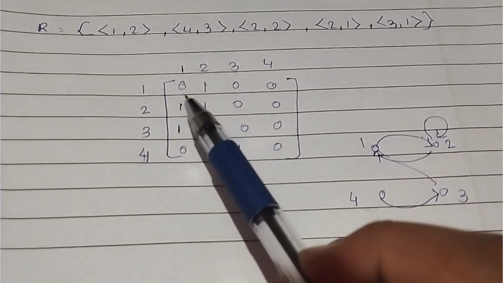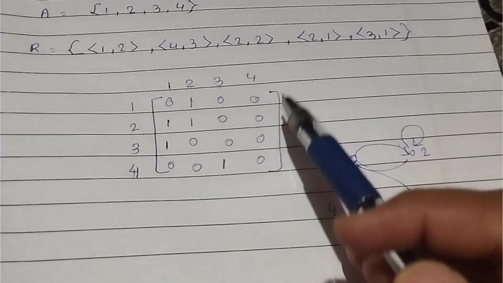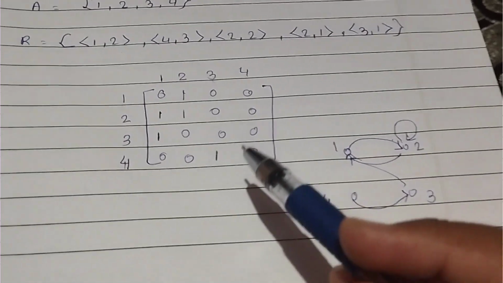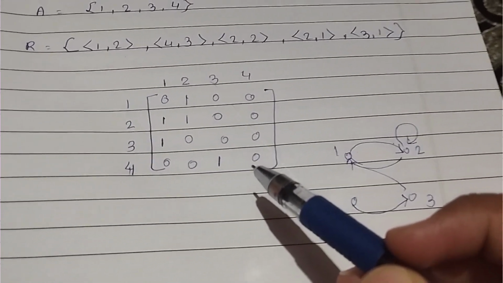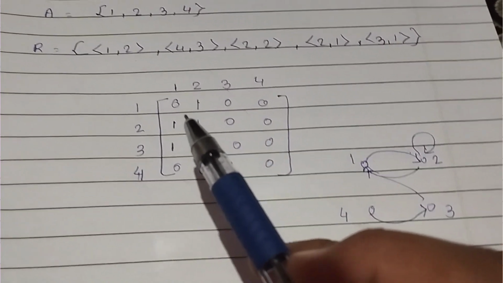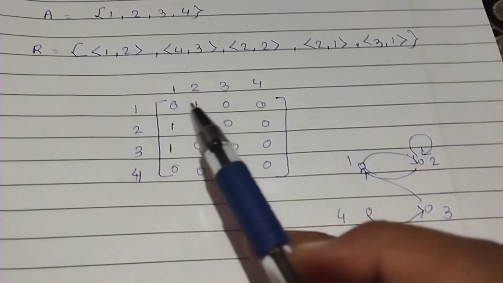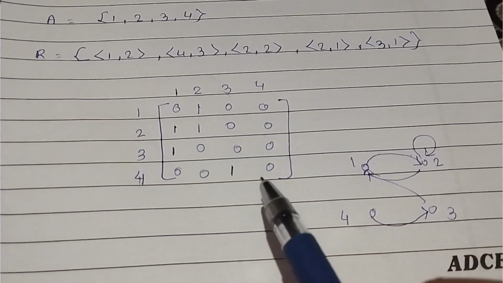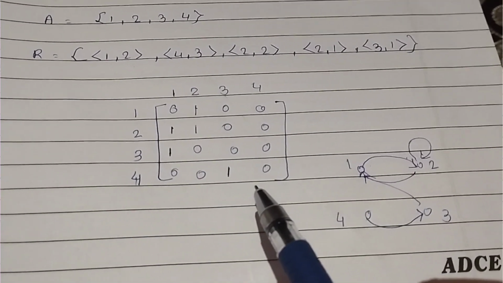Because we know reflexive means 1 1, 2 2, 3 3, 4 4, so if all the diagonal elements are 1, the reflexive property follows. And for irreflexive we don't want 1 1, 2 2, 3 3. That's why if all the diagonal elements are 0, this follows the irreflexive property.